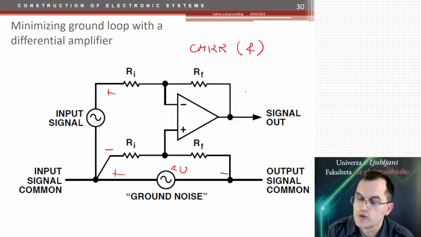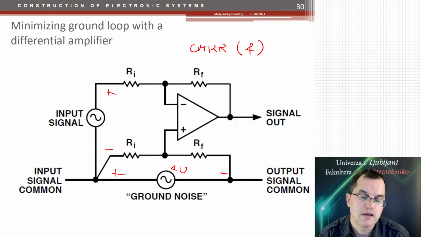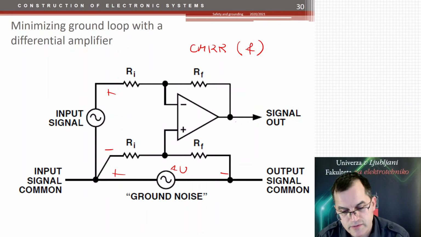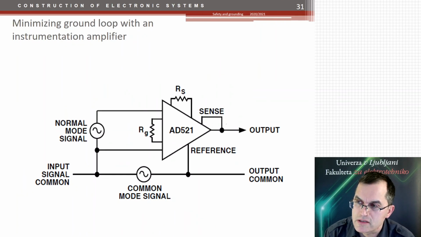So to achieve the highest common mode rejection ratio for the lowest amplitudes of signals that have to be transferred, we use instrumentation amplifiers.